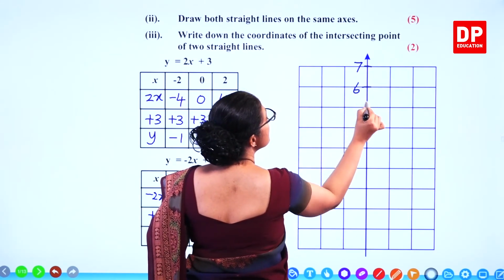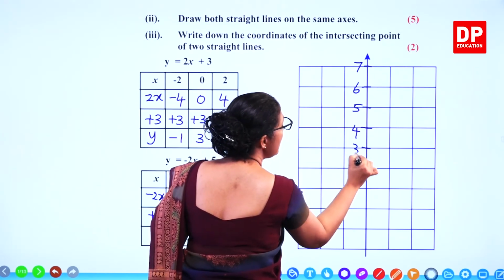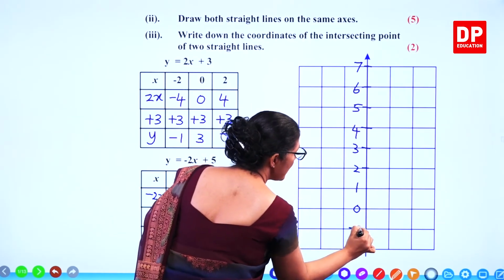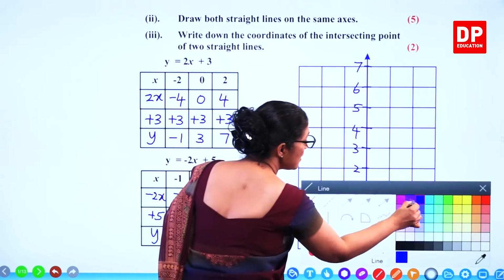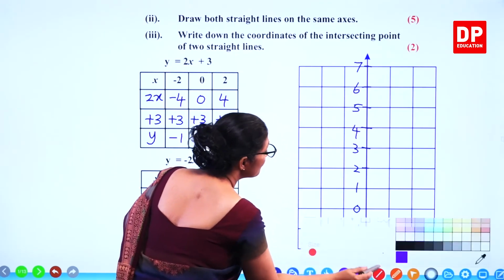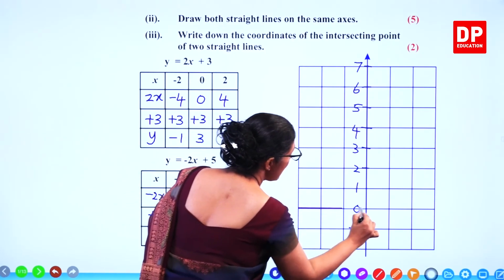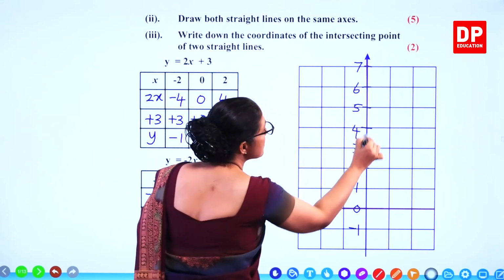This is 6, 5, 4, 3, 2, 1, 0, minus 1. So I'll take a different color for that. So this is the y-axis. So this is the x-axis here and this is the y-axis.